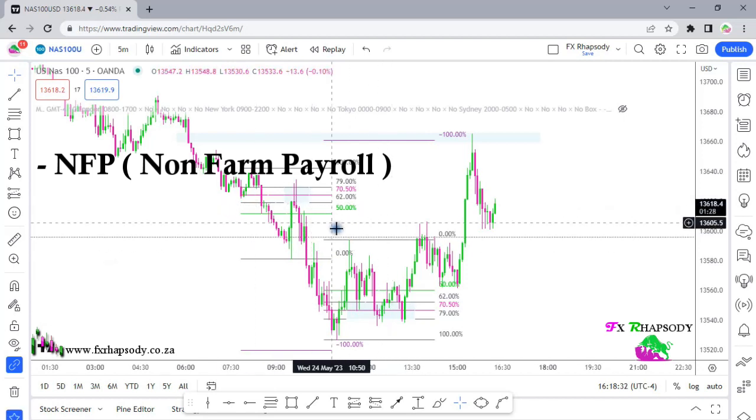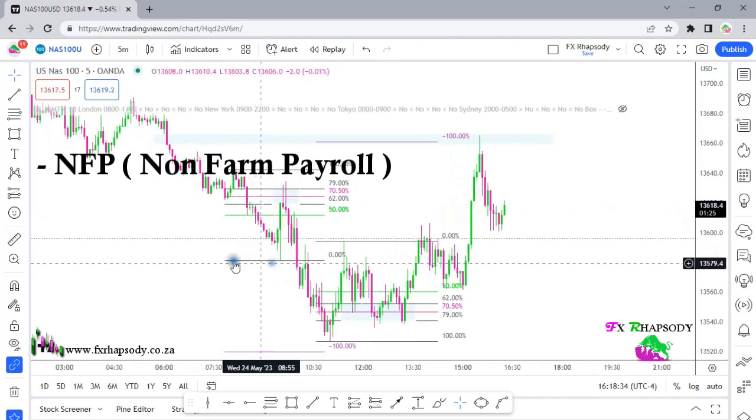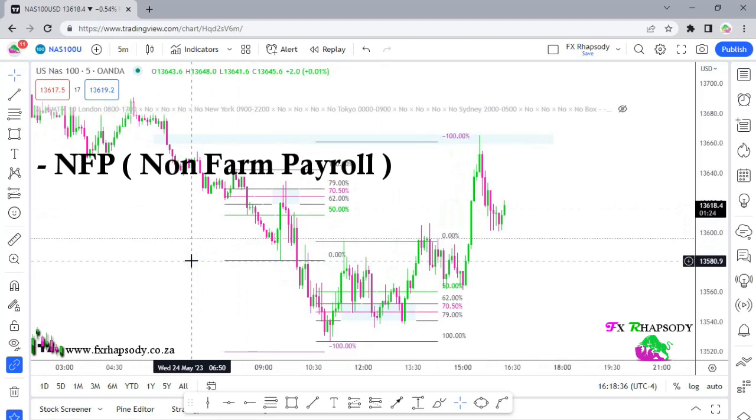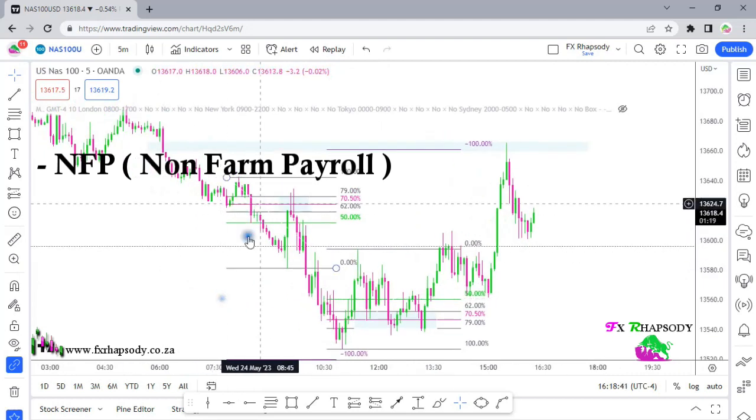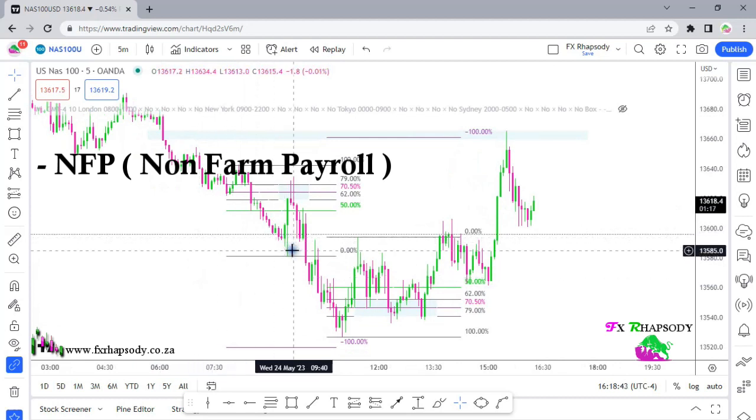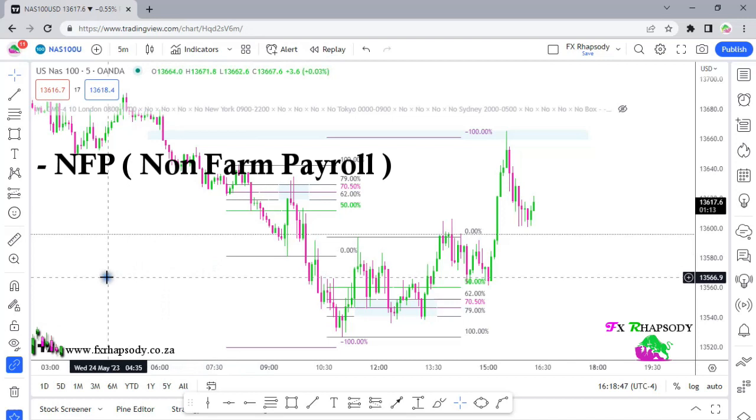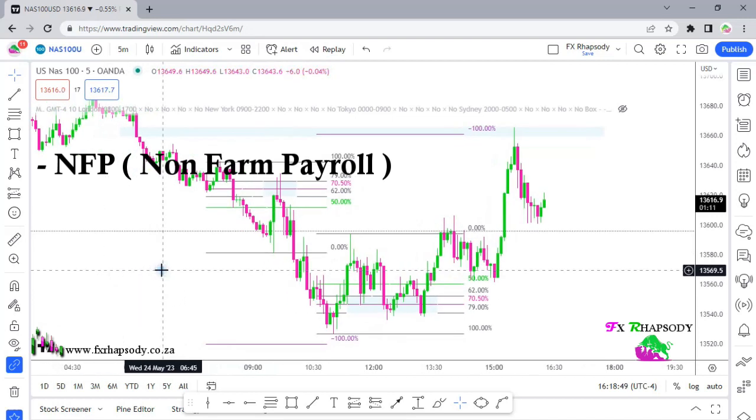So always be aware of when the NFP gets released, what time it does, so that you are aware of where you are in the market, if you are in a trade or not. Most of the time, rather stay out. But if you are really adventurous, you can maybe trade the NFP like most people do. But again, be on the wrong side of the coin, your account will be blown in a matter of seconds.